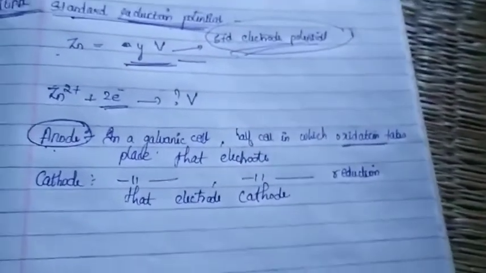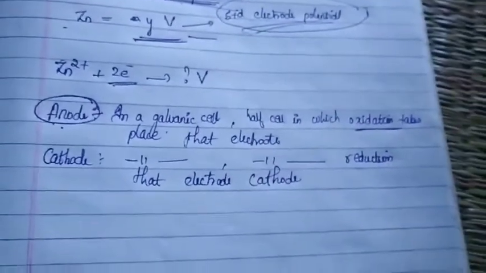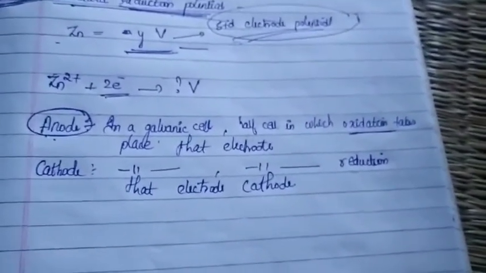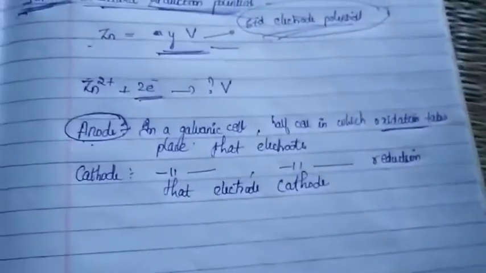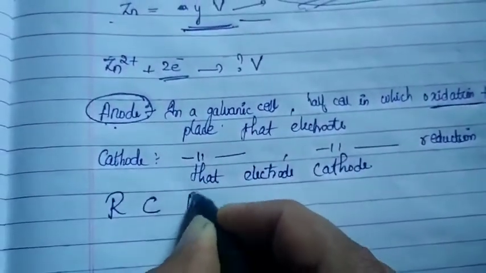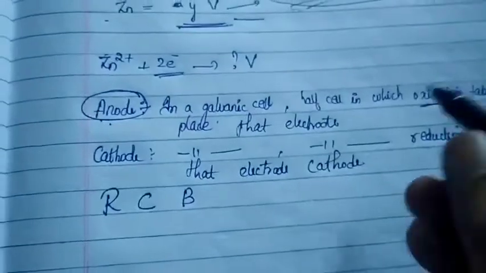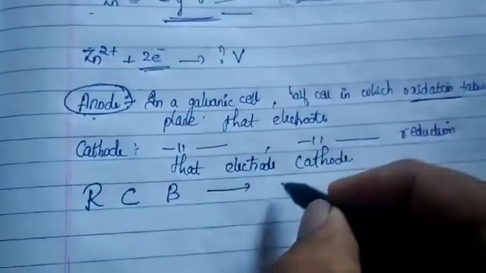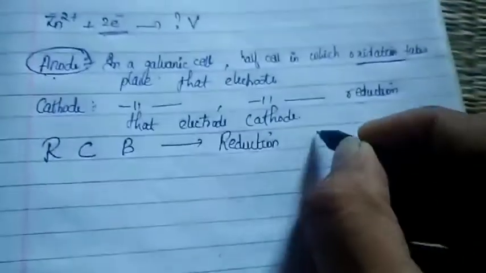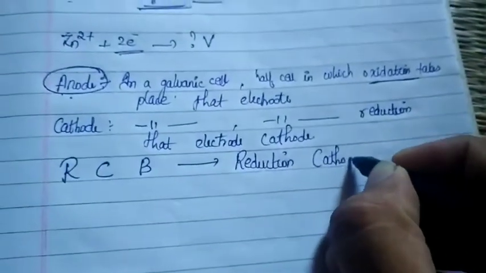But I don't know whether this time they will gain the trophy or not. That is a different task for us. But according to chemistry, I'm going to use this IPL team RCB in my chemistry as RCB. It is not Royal Challengers Bangalore. According to my chemistry, it is reduction at the cathode body.